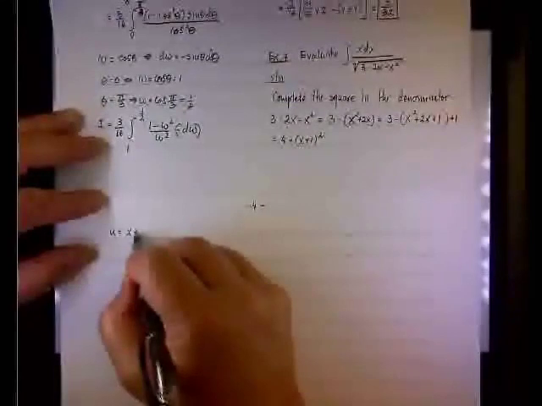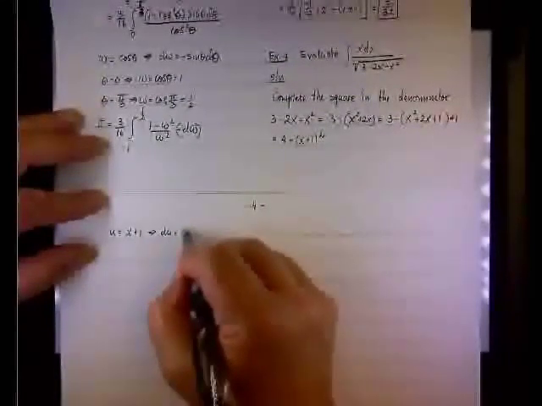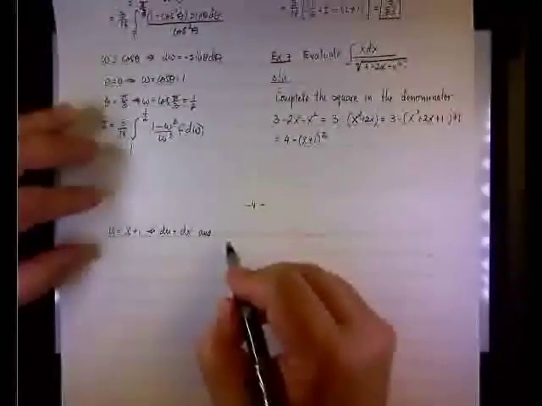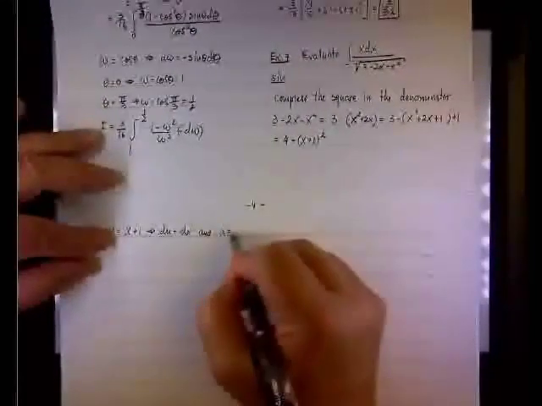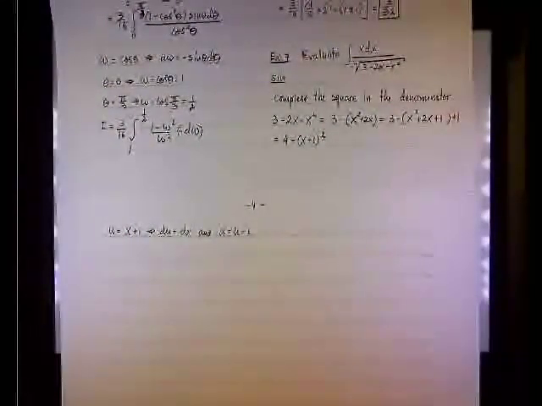So we let u equal x plus 1. Of course, we need du, so du equals dx, but we also need x because we have x in the numerator, so x will be u minus 1. Okay? This is an indefinite integral, so we don't need to worry about boundaries and such.